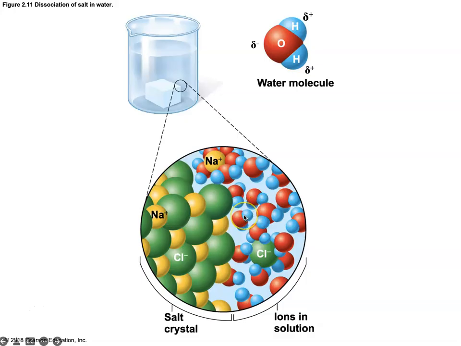Then the hydrogen, remember, has a more positive charge, so it's going to attract the chloride, which is negative. And so the hydrogen will surround the chloride, the oxygen surrounds the sodium, and that is how we are able to dissolve salt into water. So this would be an example of an ion in solution.